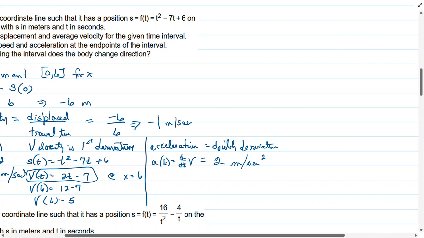Now, the square happens because in the second derivative, let's say this is dt.